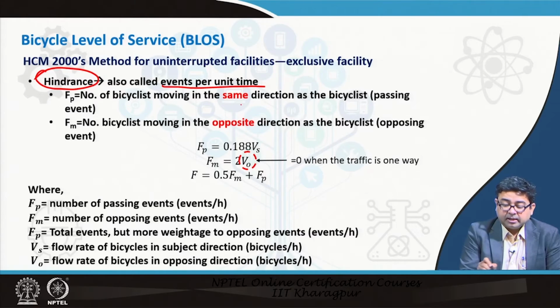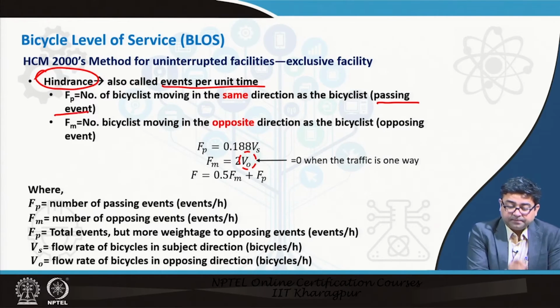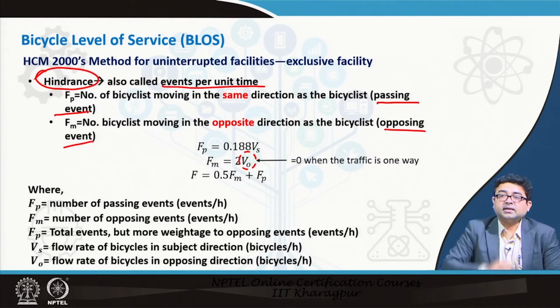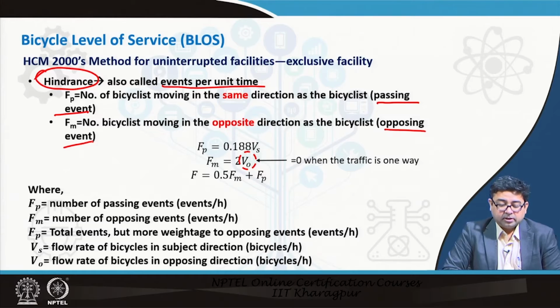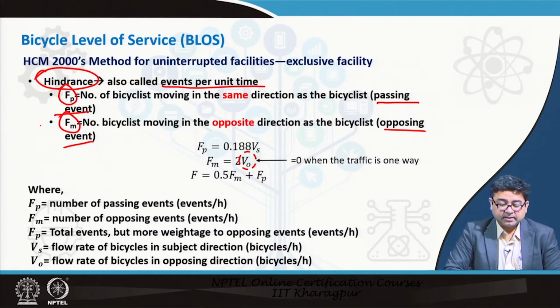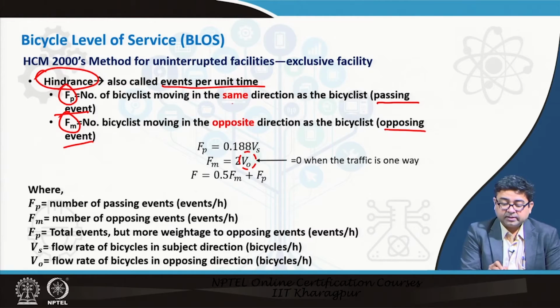It is the number of bicyclists that are passing, or the number of bicycles that are opposing you as a bicyclist, right. These two are given by FP and FM. So, what FP says is the number of bicycles moving in the same direction as the bicyclist.